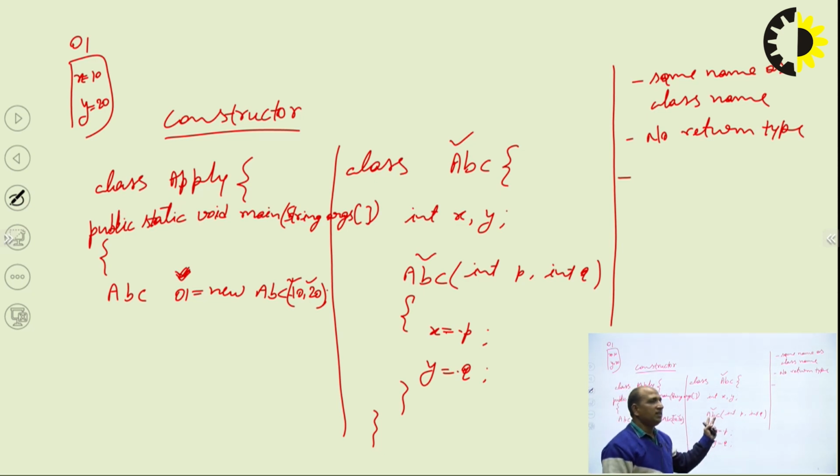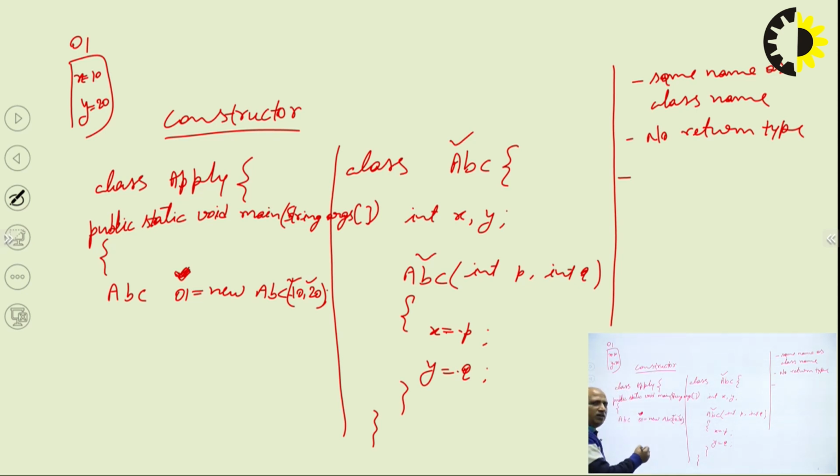We created a constructor with the same name as the class name, passed some parameters and initialized the class variables. Whenever the object is created, the value passed at the time of creation is directly passed to the constructor and initialized to the variables, and we need not call any function over here. That improves the efficiency of your code.